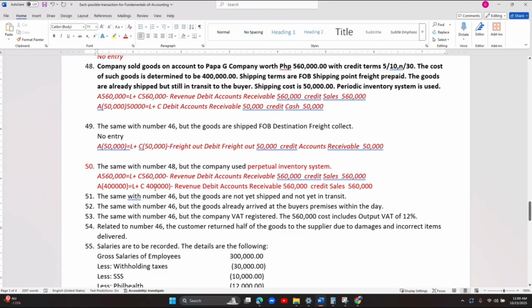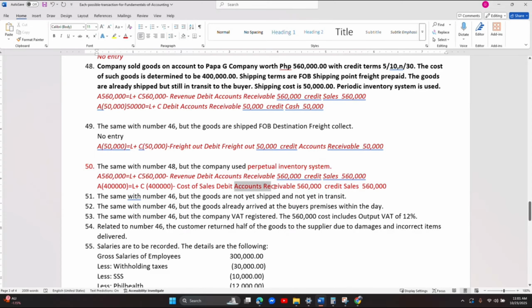Again, it's a deduction because the reason for that is the cost of sales. Okay? So, cost of sales is as if an expense also. Basically the same with purchases and freight in. Okay? So, it's an expense. The higher the cost of sales, the lower the net income. You have to remember that. Okay? So, 400,000 cost of sales.